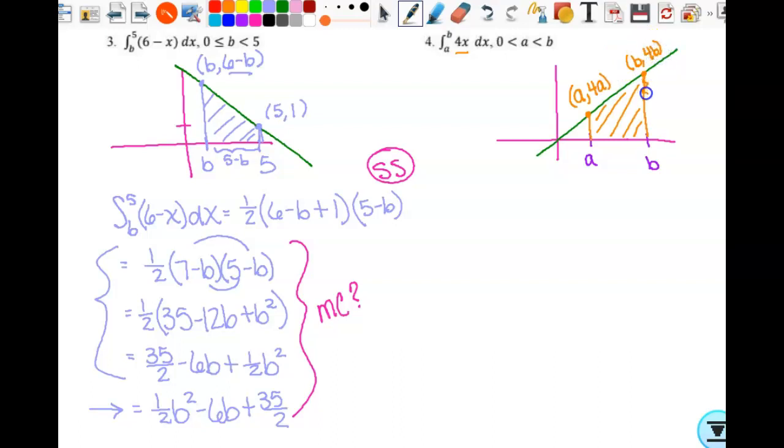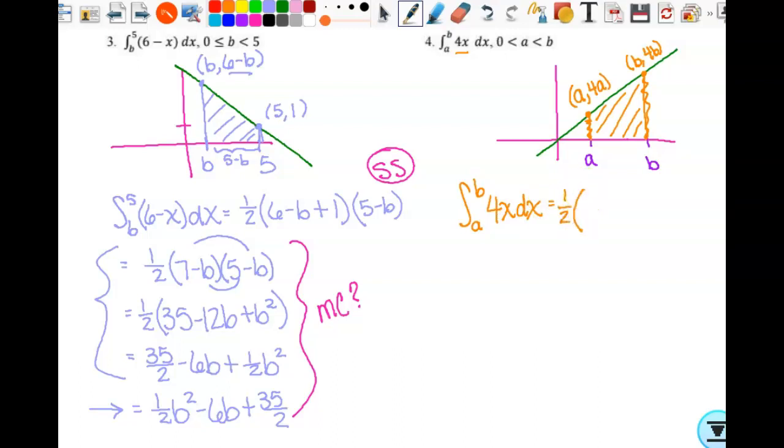And that 4B is this length because it's the y value, and 4A is this length because it is the y value. And what is this shape? Trapezoid. So we're going to integrate from A to B, 4x dx, and that's going to equal 1/2.